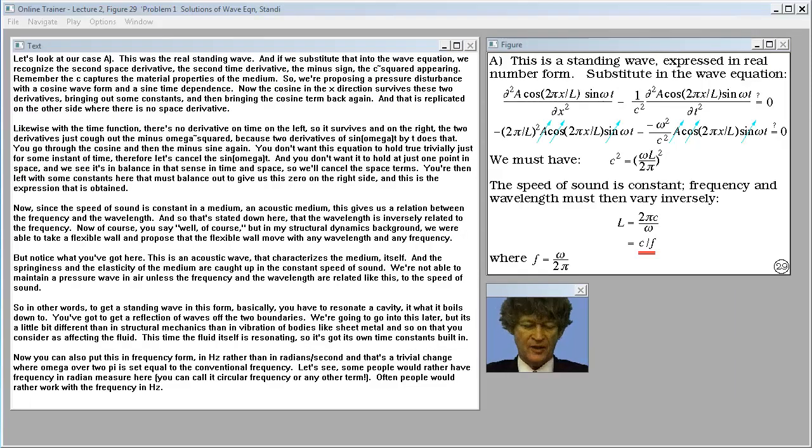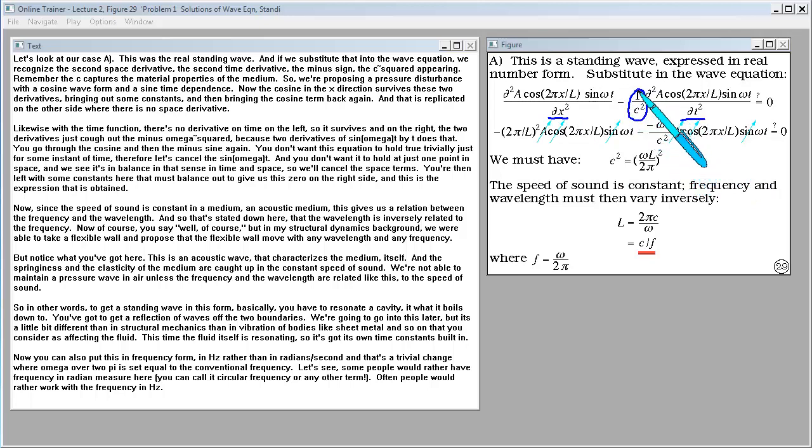Let's look at our case A. This was the real standing wave. And if we substitute that into the wave equation, we recognize the second space derivative, the second time derivative, the minus sign, the c squared appearing. Remember, the c captures the material properties of the medium.